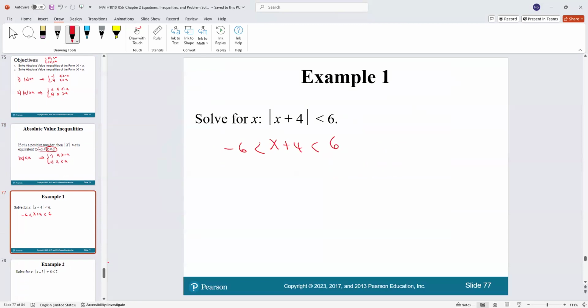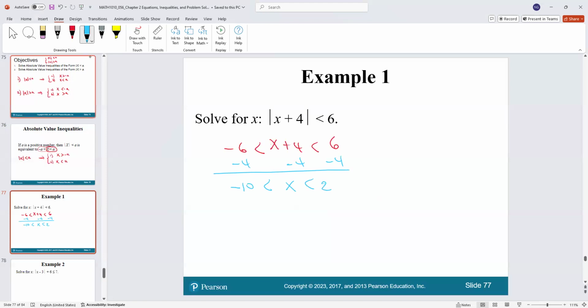But you can also set up two inequalities and solve. So we can subtract 4 from everywhere. If you subtract 4 from everywhere, it gives you x between negative 10 and 2. This is the solution.